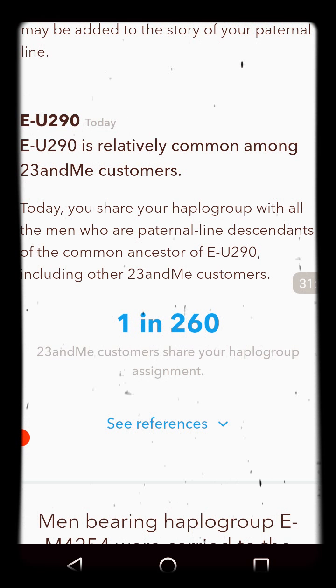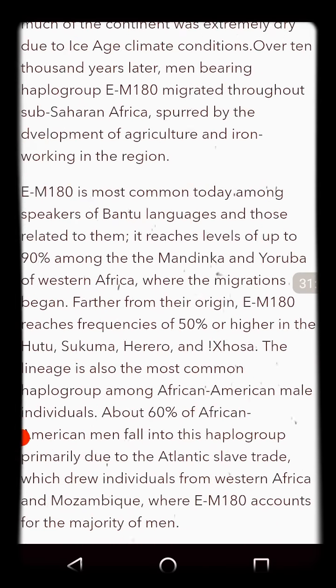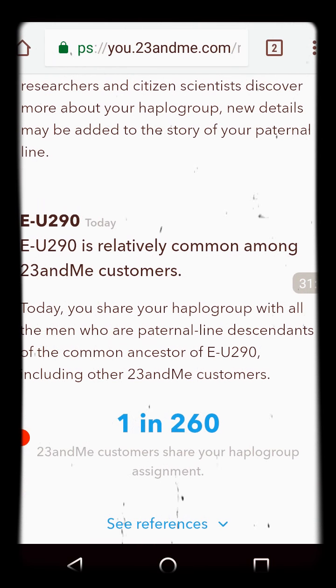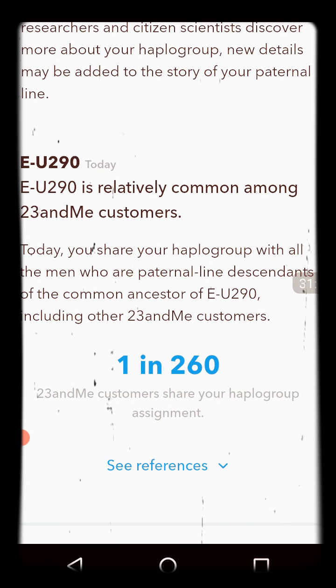That common ancestor is E-M180, and that's the only person I can share my haplogroup with, because that's all of our father. I'm my own haplogroup. In other words, U290 is its own haplogroup. You see what I'm saying? And this is going to prove it right here.